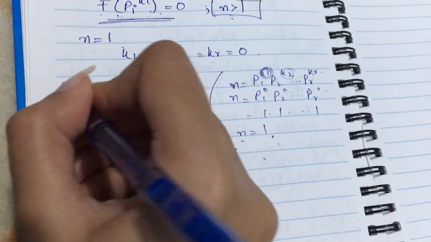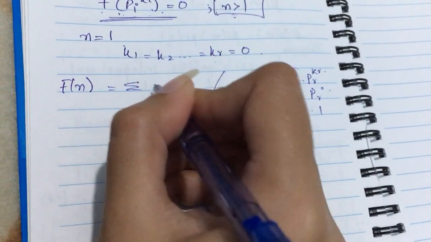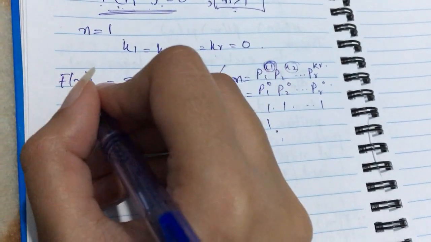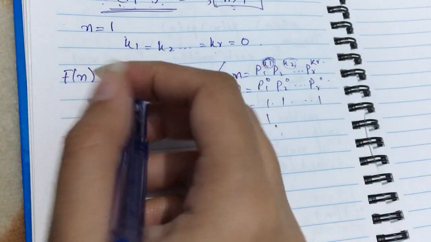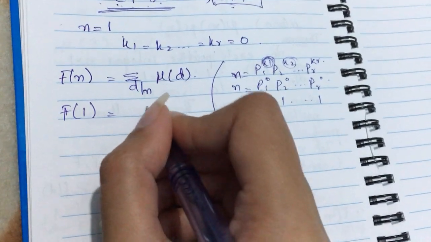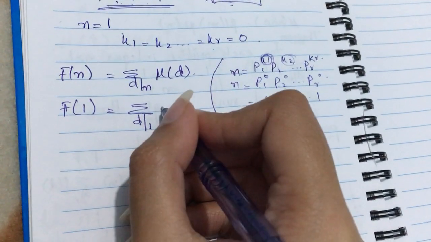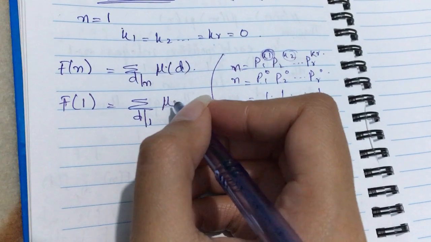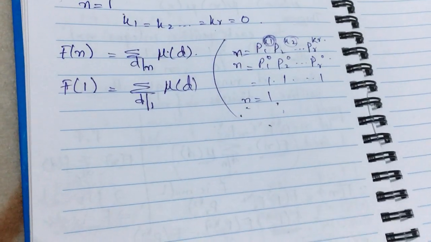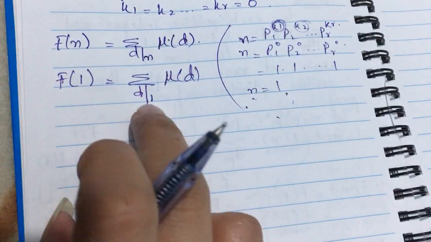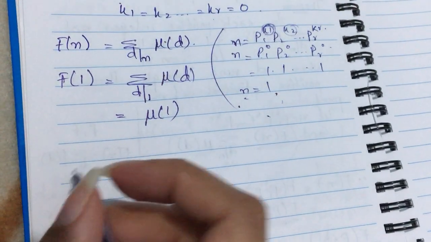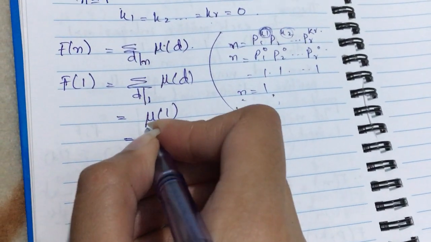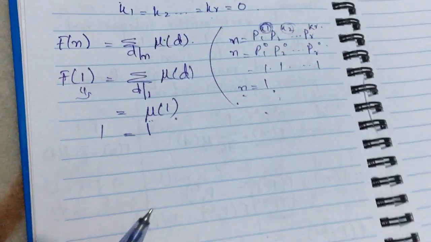And from this result, F of n is the summation over d dividing n of mu of d, and for n equals 1 we have d dividing 1. The only possible divisor of 1 is 1 itself. So this result is only equal to mu of 1, and mu of 1 is 1, so this result is also equal to 1.